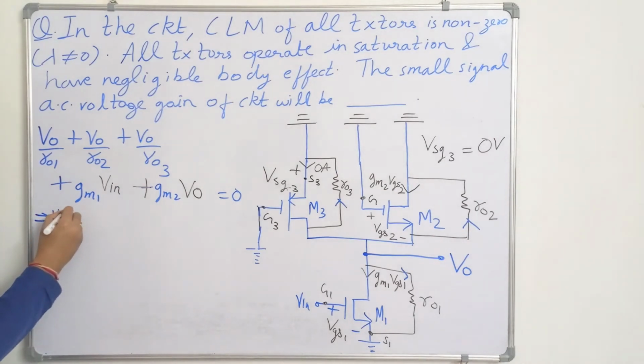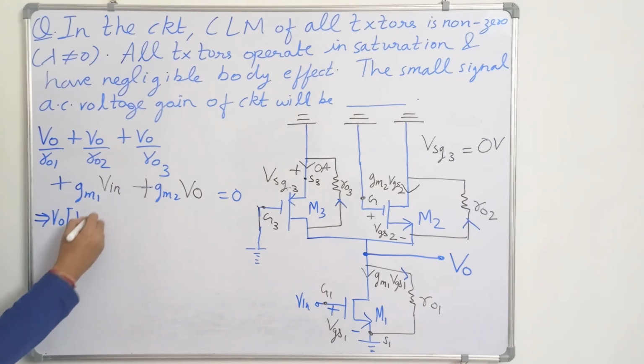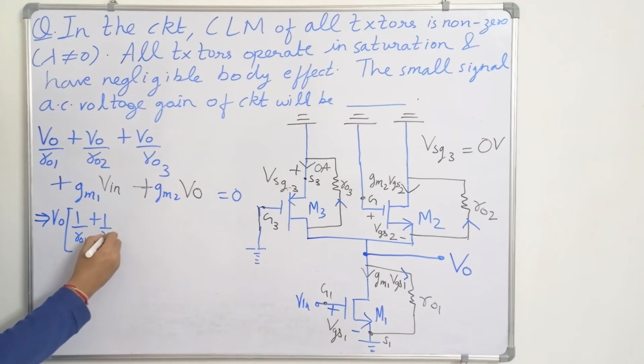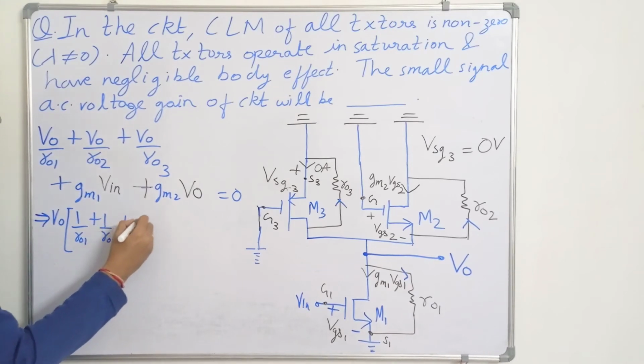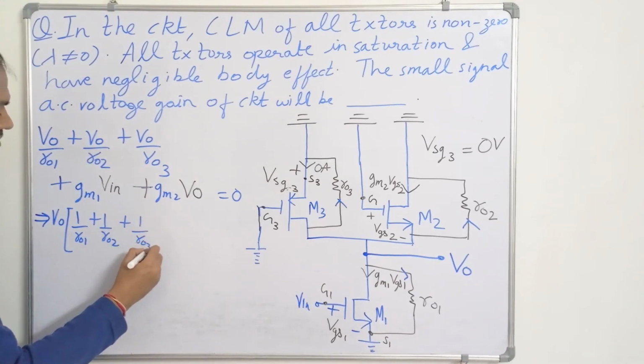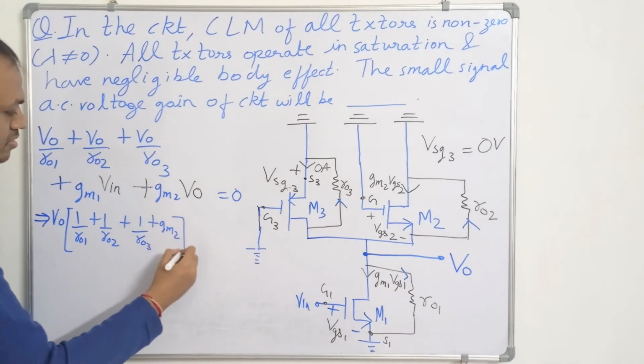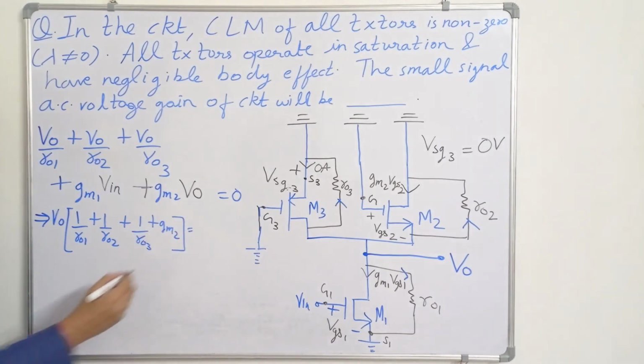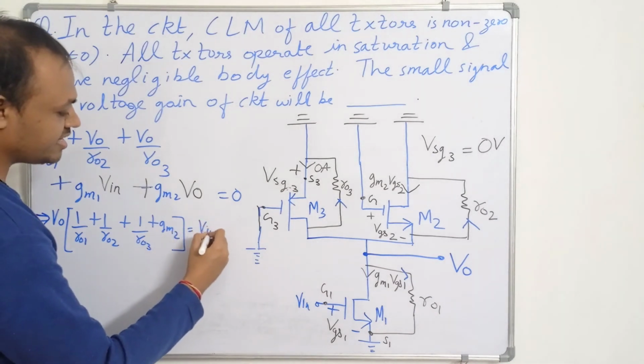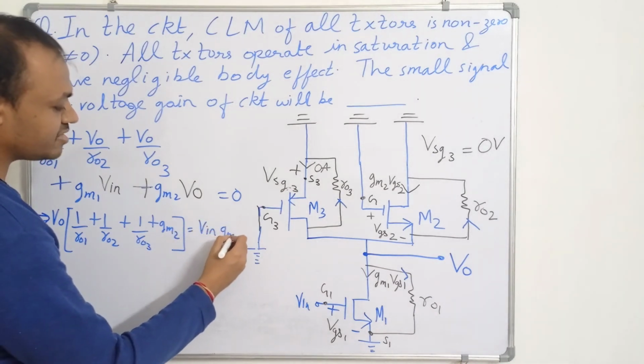If we take V0 common, then we will get 1 upon RO1 plus 1 upon RO2 plus 1 upon RO3 plus GM2, times V0, is equal to Vin GM1.